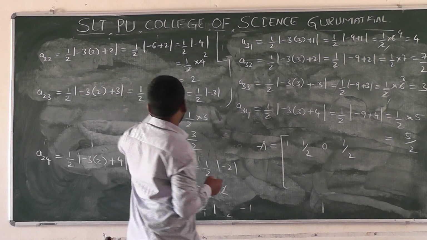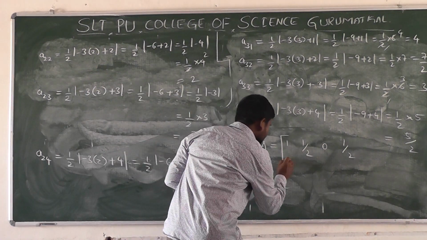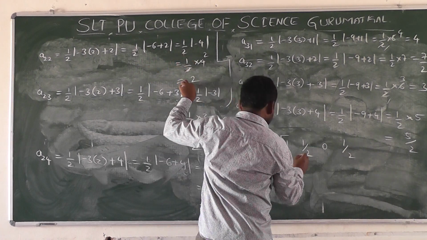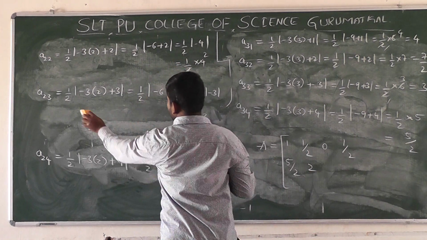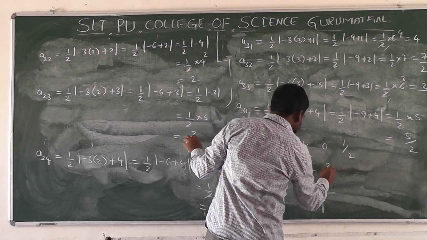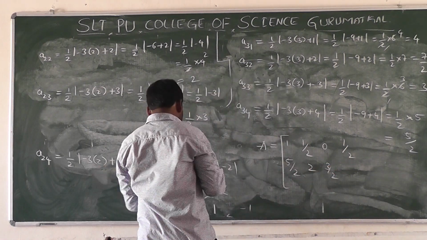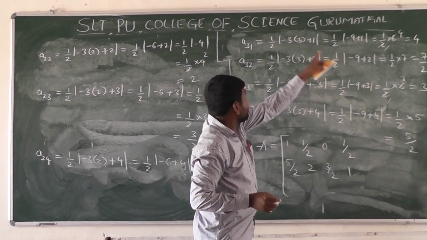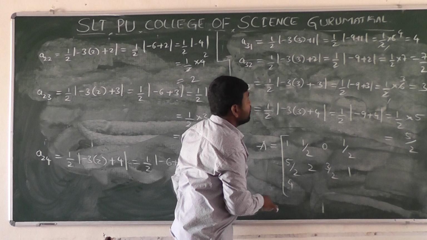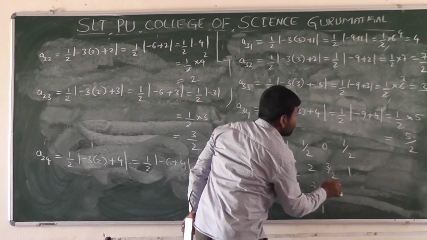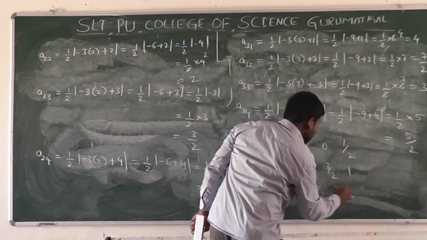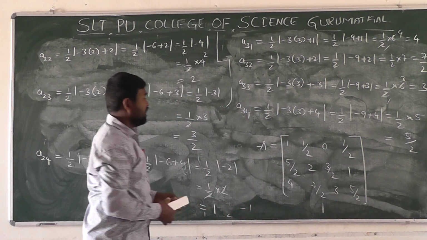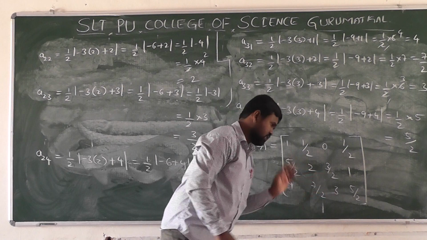Second row first column element 5 by 2, second row second column element 2, second row third column element 3 by 2, second row fourth column element 1. Third row, first column element 4, 7 by 2, next 3, 5 by 2. This is a matrix of order 3 cross 4, right?